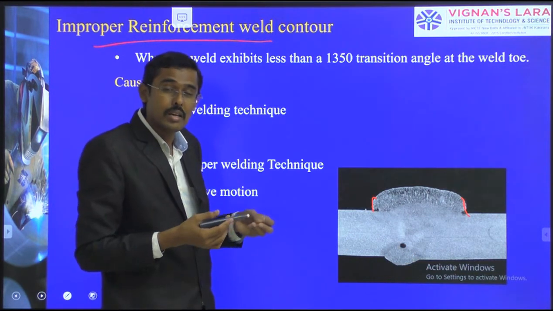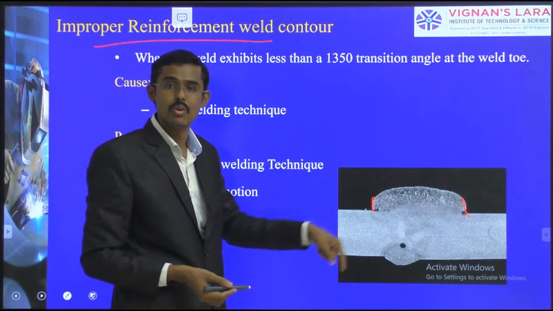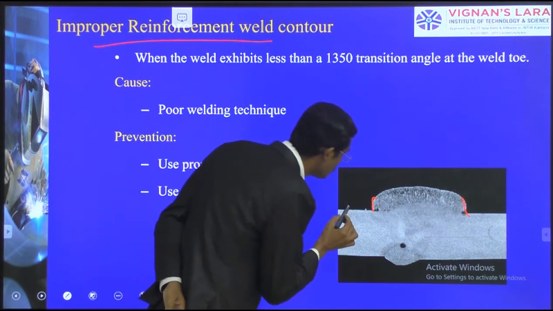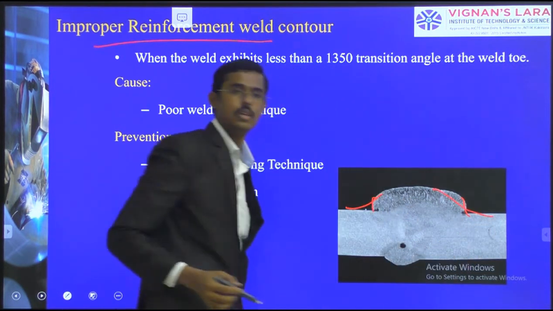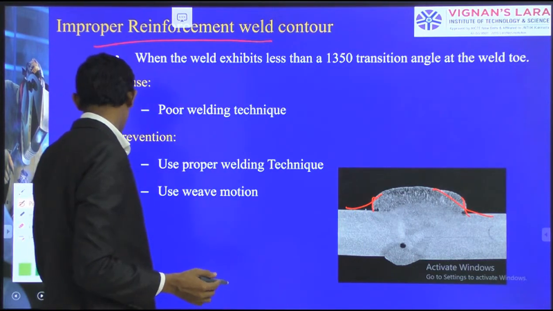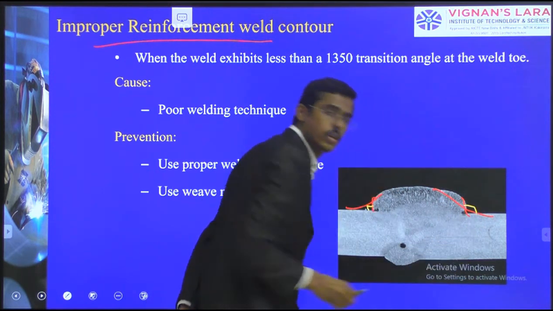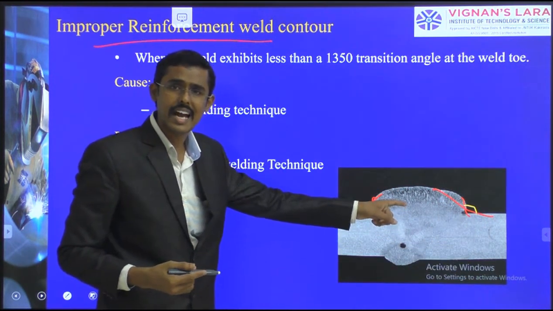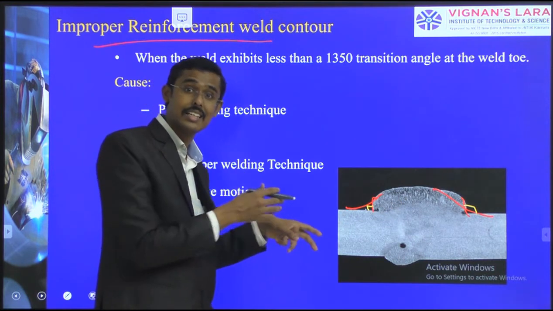But what I want to tell you here is about the weld contour. Weld contour is to be smooth. It should not be sharp. This 90 degree should not form there. If so, it causes crack initiation points. Sharp points are crack initiation points, stress creating points.